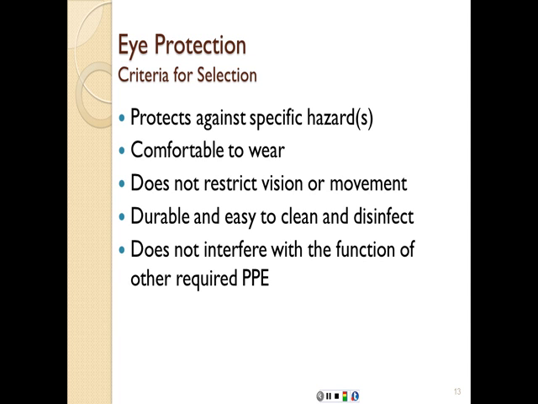So if you're going to have, for example, a gas mask or an air supply device, there shouldn't be any conflict or interference between the eye protection and any other PPE.